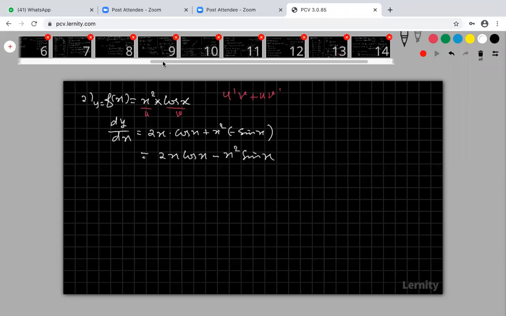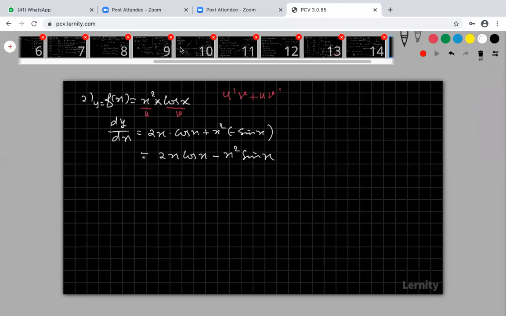Yeah, very good. Now come to that. My y is equal to x square by cos x. What happened? My x square by cos x. Apply that u by v formula. What is u by v formula? Which is our u, which is our v?